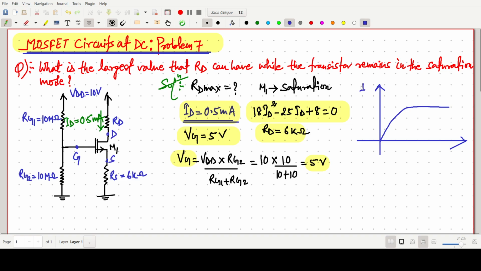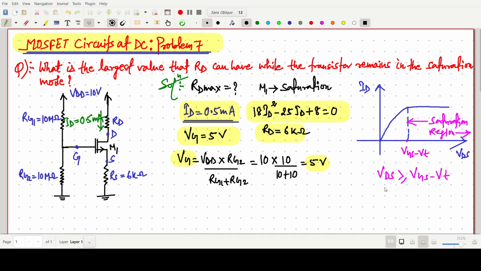If this one is the ID-VDS curve, the device is in the saturation region only when VDS should be greater than or equal to VGS minus VT. This one is the condition when the device is in the saturation region. So this one is very important.